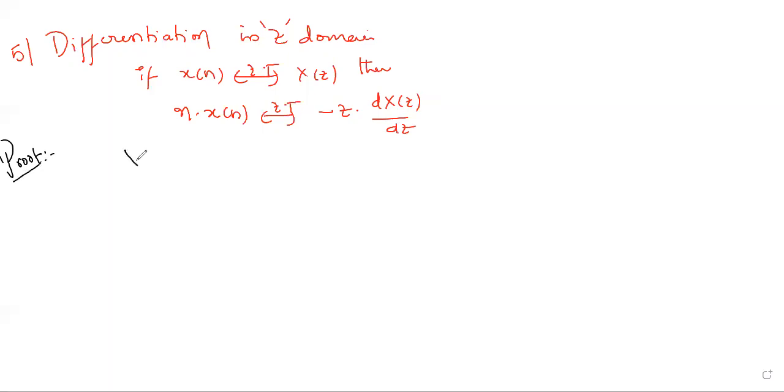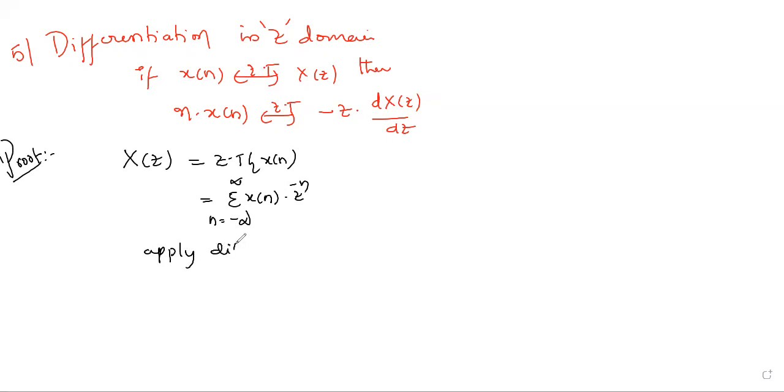So first of all, take the x of z expression. What we have, the Z transform of x of n, is summation n equal to minus infinity to infinity x of n into z power minus n. So apply differentiation on both the sides with respect to the z variable. That is dx of z by dz. So here differentiation of this total term means differentiation will be applicable only for this single term.